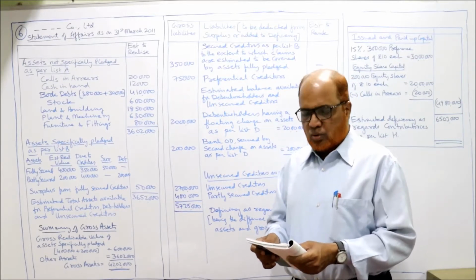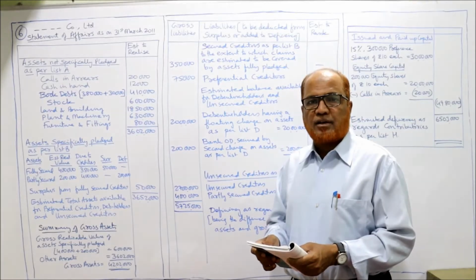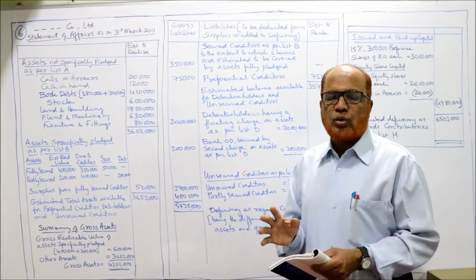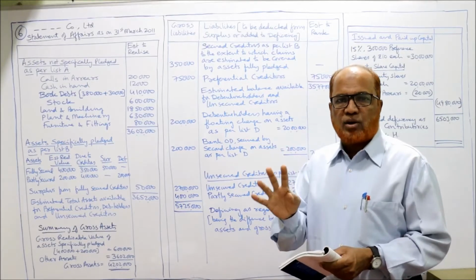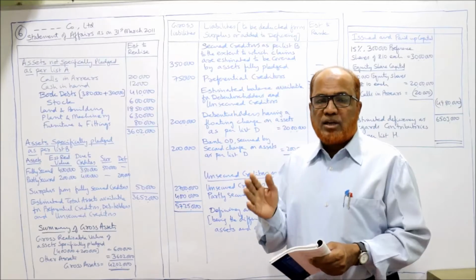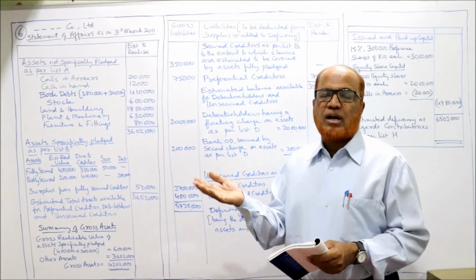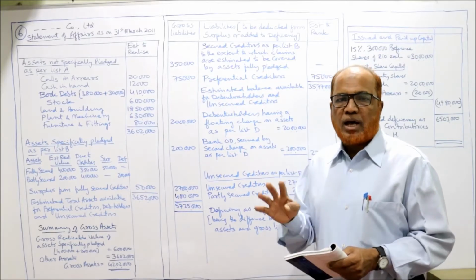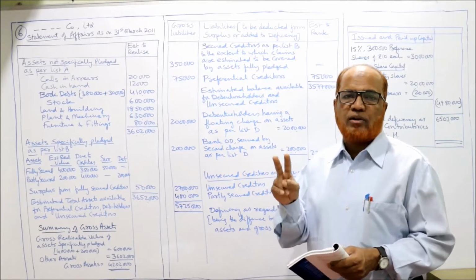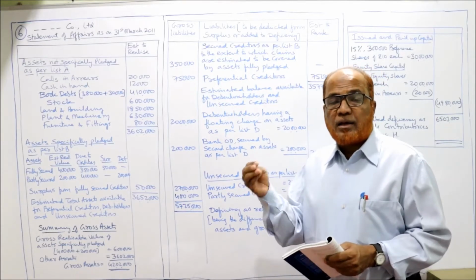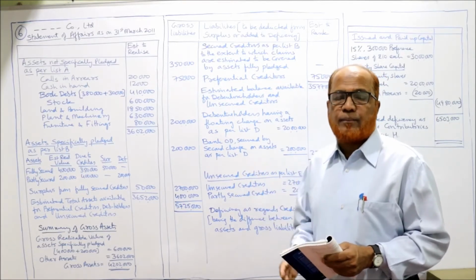Creditors partly secured, 4 lakh rupees are the creditors and the security provided is only rupees 2 lakh. So what we should do, 2 lakh rupees is the security value whereas the amount due is 4 lakh. So the remaining 2 lakh rupees which we have not paid will come under unsecured creditors, list E. The creditors are for 4 lakh rupees but the security provided to them is 2 lakh, so they will take that 2 lakh.